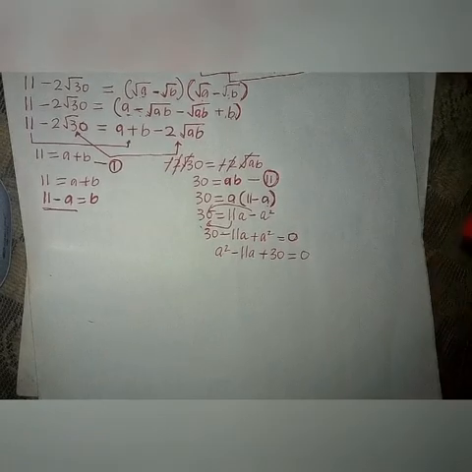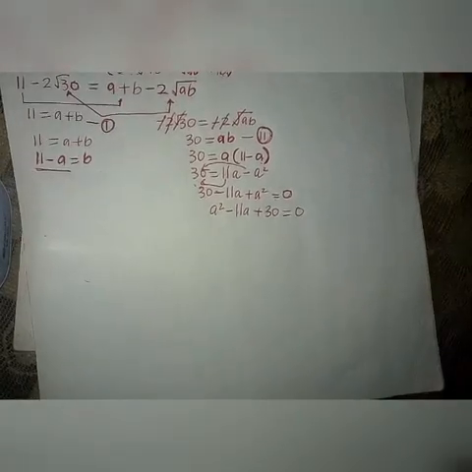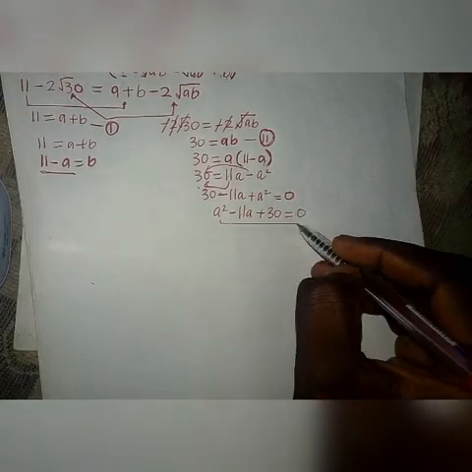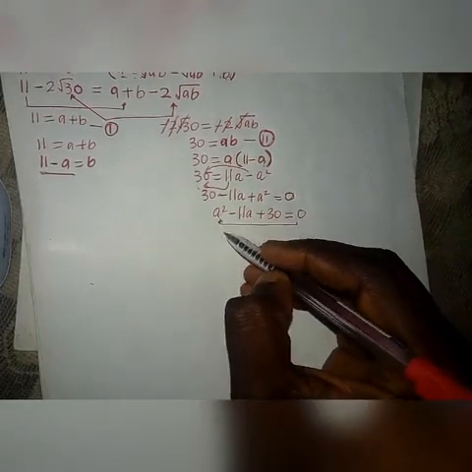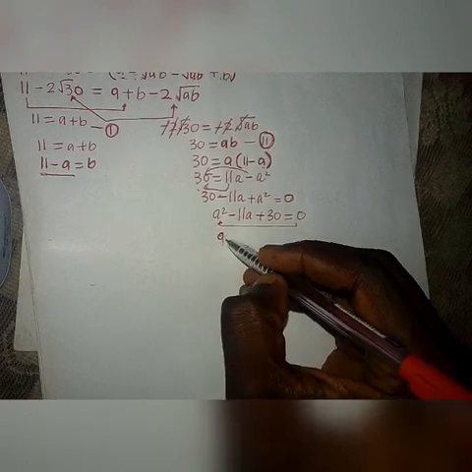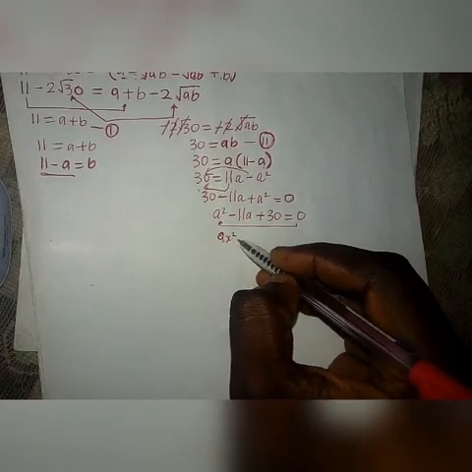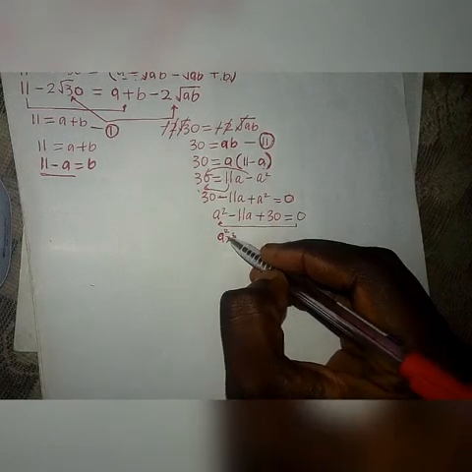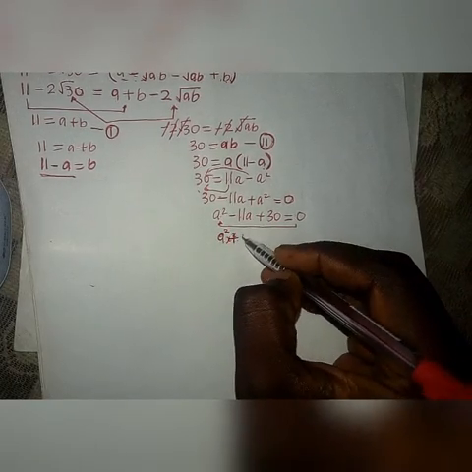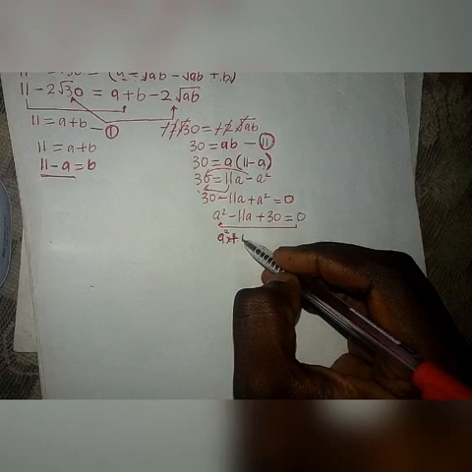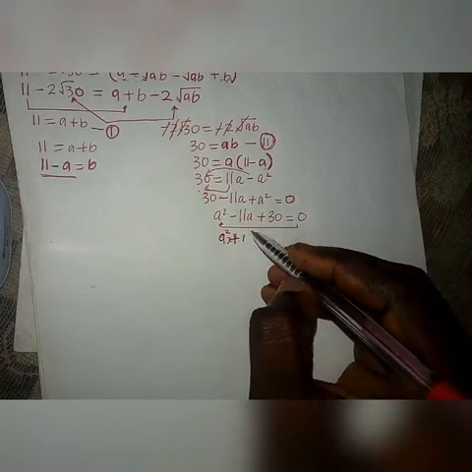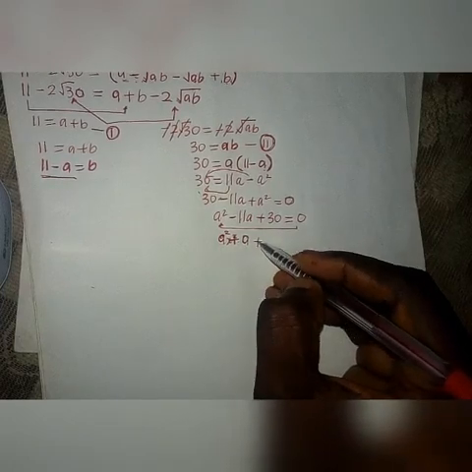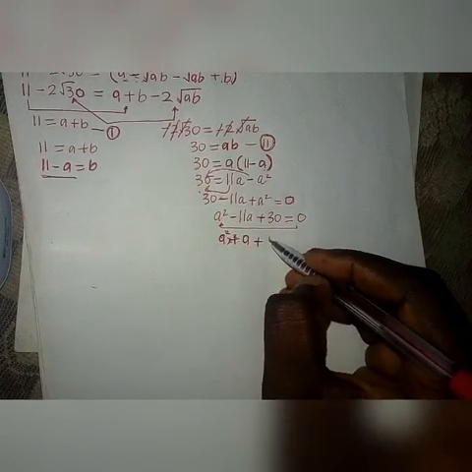Please, if you are solving questions under quadratic equations, it must be arranged in this order: A square, plus b A, plus, let's say, c.